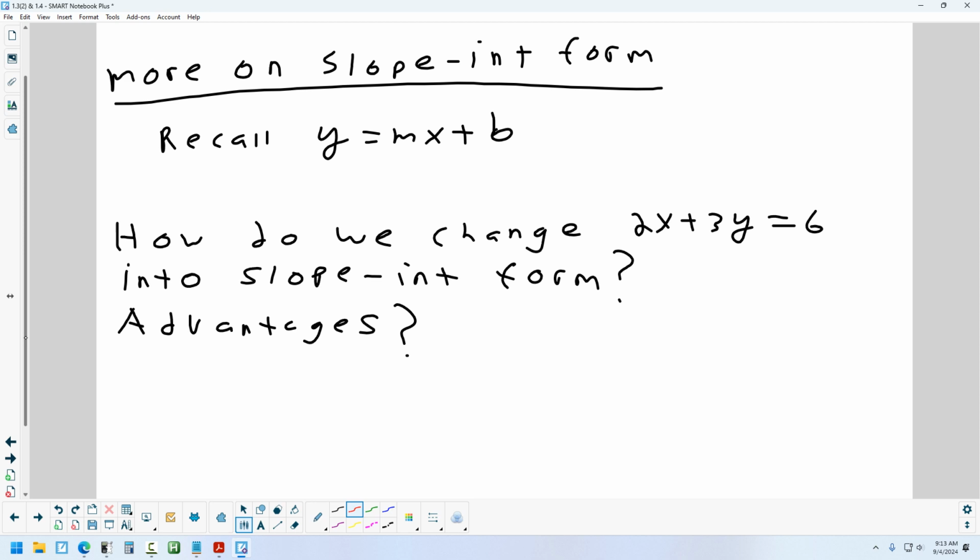So when you have something that doesn't have y by itself, it doesn't mean that it's not the equation of a line. If you can get y by itself, it could still be a linear function. So if I had this, what would be my first step to rearrange it so it's in y equals mx plus b?